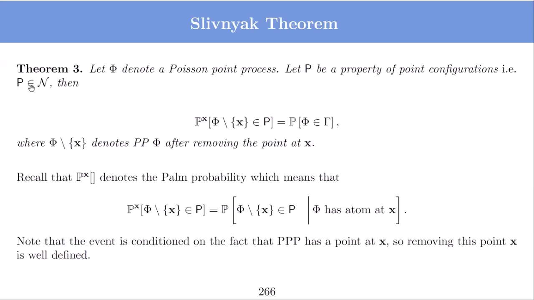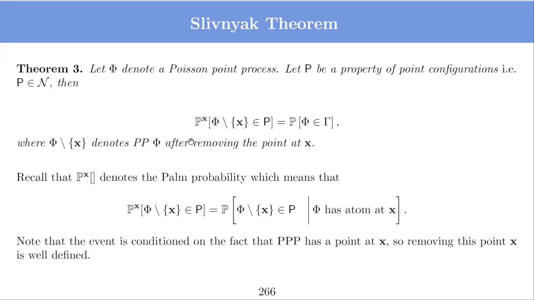So P is just a subset of configurations, a property of point configuration. You can either state it in terms of a particular property, such as the point process has 2 points in this ball, or the point process has a neighbor within 10 meters, something like that. Or you can explicitly write a set of some point configurations and define that as P.